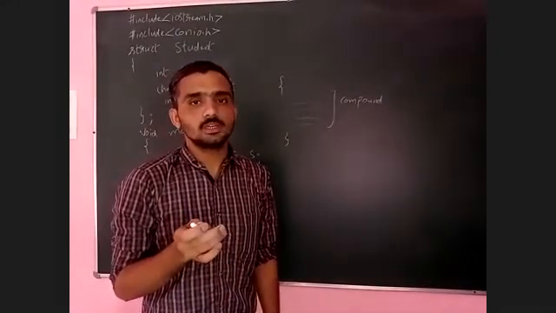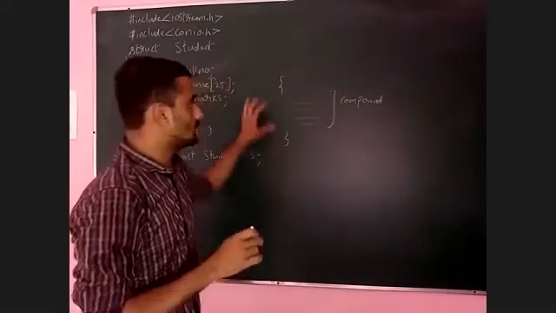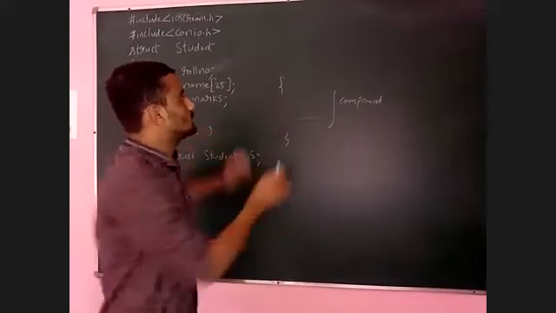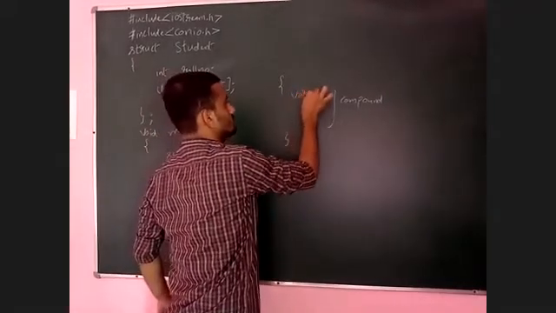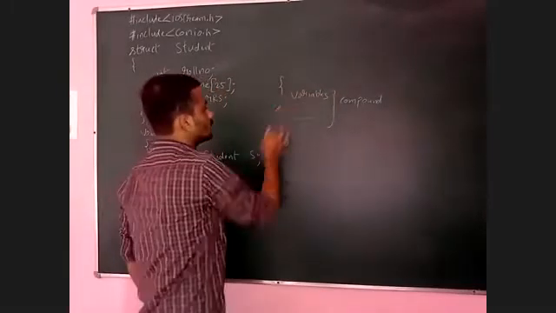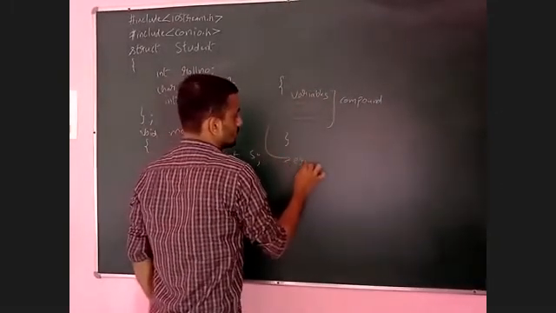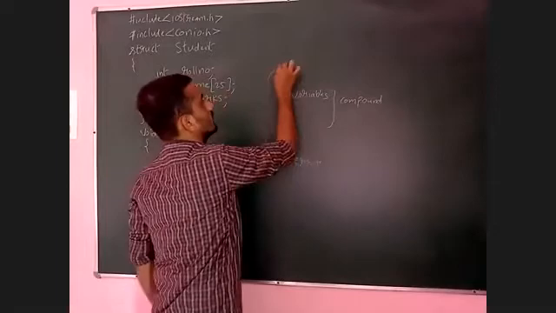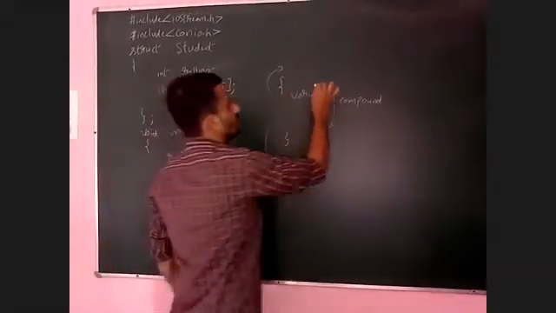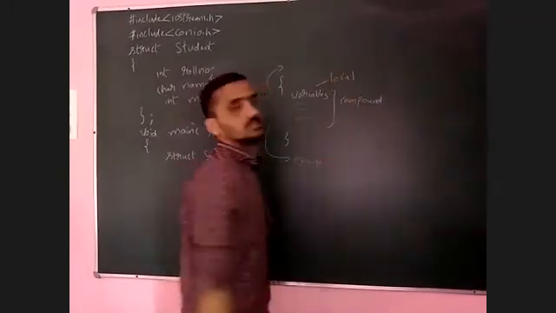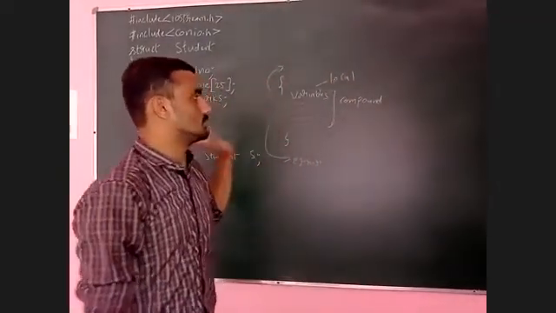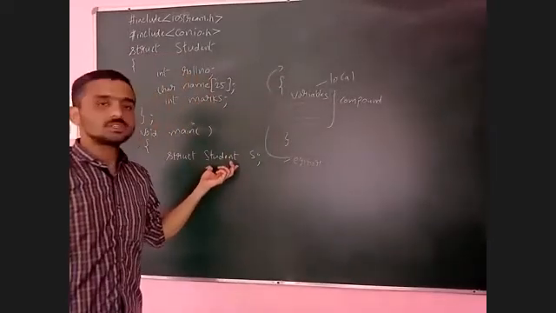The same concept is applied here. Whatever variables are declared within the opening brace and closing brace, you cannot use outside. If you use them outside, you get an error, before or after. Only these variables are called local variables, because we have declared them within the opening and closing braces. Similarly, it is applied to structure variables also.